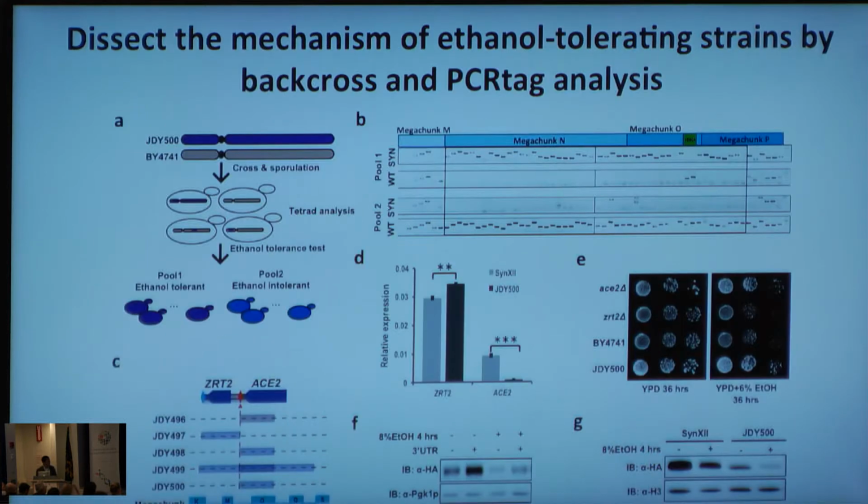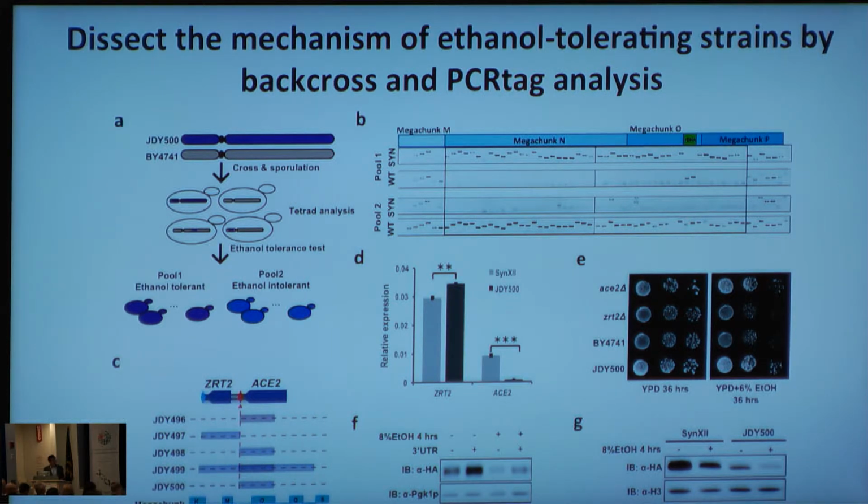The next step is, using the system, can we identify why those clones are able to resist ethanol? We are using one method, as we also reported recently, the POPM method. We crossed the ethanol-tolerant strain with a wild-type strain, then did a sporulation and identified the spores which are resistant to ethanol and which are not.